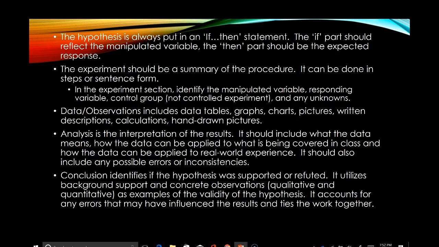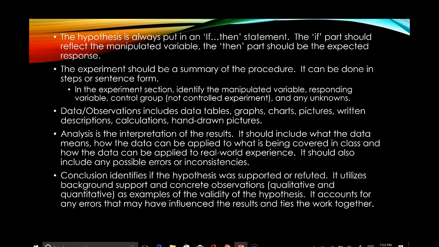Again, always in an if-then statement, with the first part being the manipulated variable, the second part your expected response. That makes it a testable statement. And even if it is wrong, you can still test it and prove it wrong. And that's what you want to be able to do, is to prove the hypothesis right or wrong.